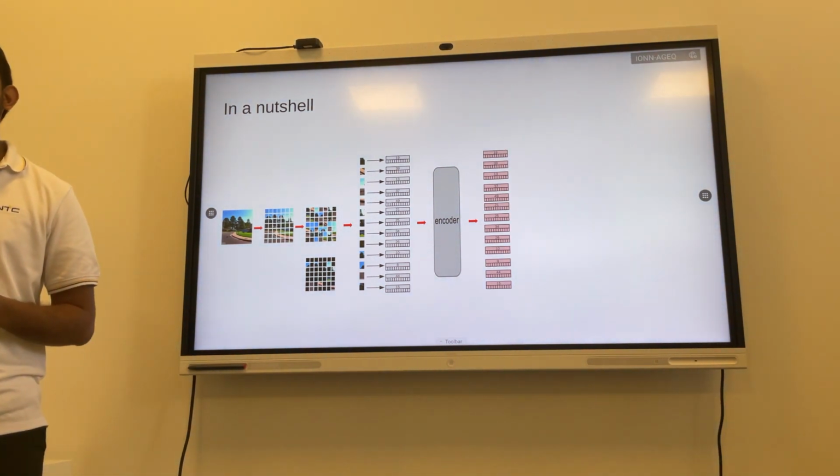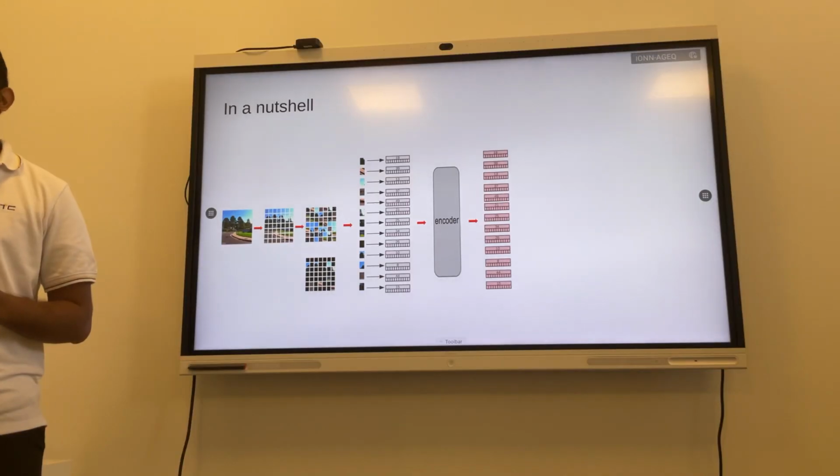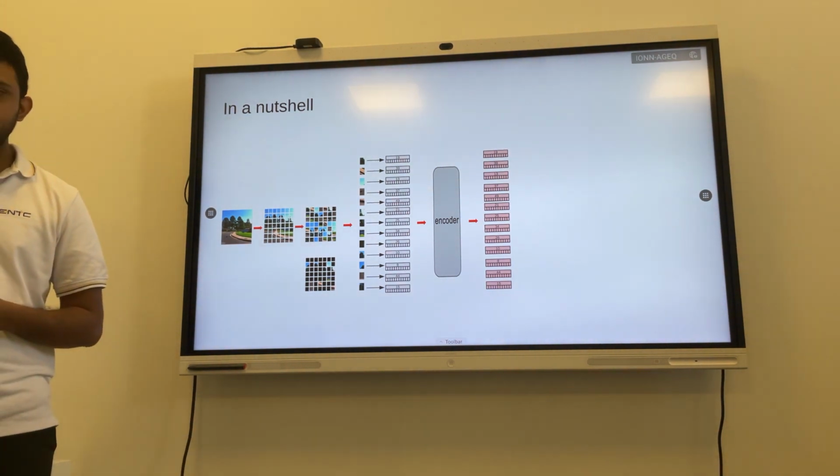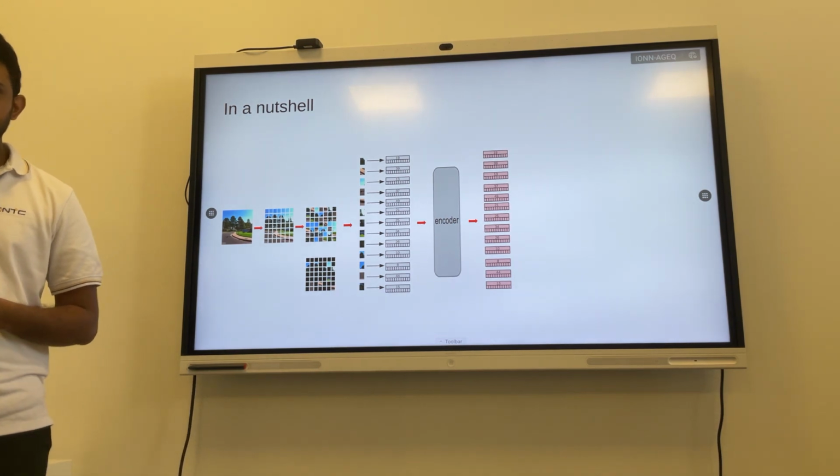When you learn the positional encoding, do they depend on the contents of the patches or only the relative locations of the patches?